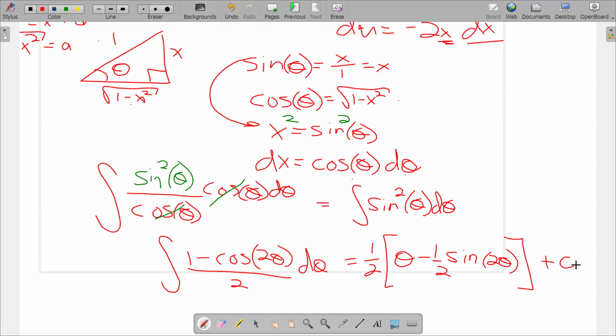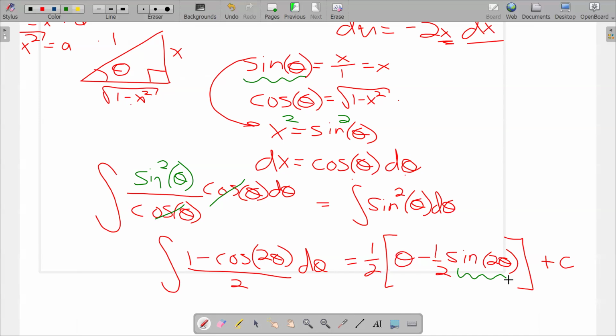And whenever we do a substitution, we usually reverse substitute to get out of it. So let's see what the reverse substitution is going to look like. I know what sine of theta is equal to. How would I find the sine of 2 theta? Don't we have an identity for that? Yeah, there's an identity for that.